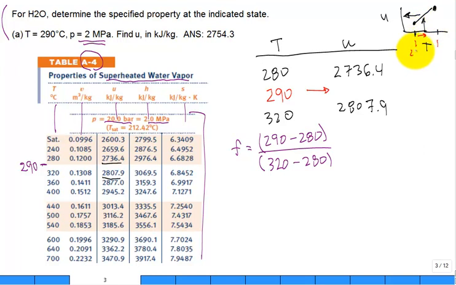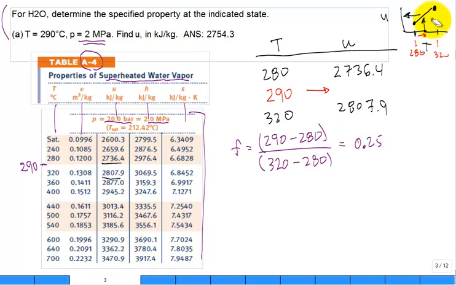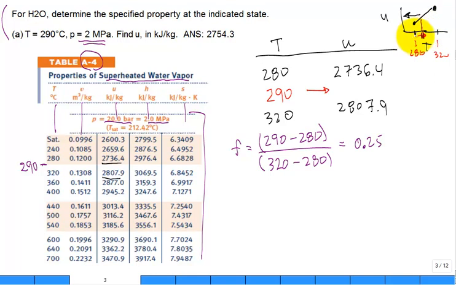This is 280, this is 320, and we find that this fraction for this problem comes in at 25%. So 1/4 of the way. If you're trying to draw it accurately, maybe I'm showing it a little closer to 1/3, but it's going to be more like 1/4 of the way between the two points.